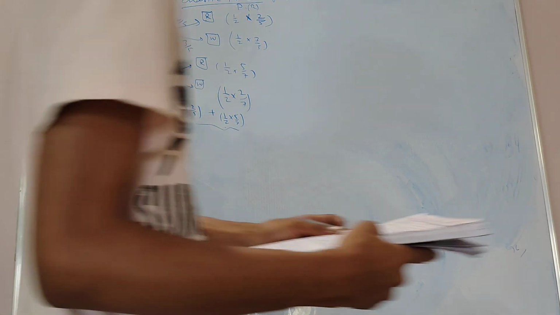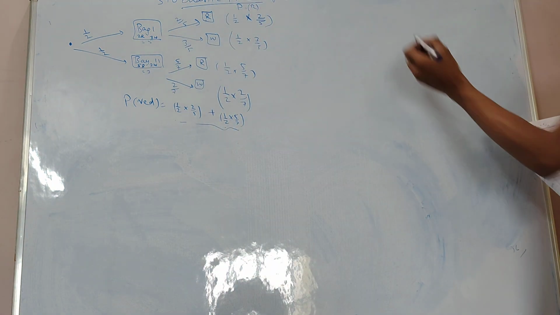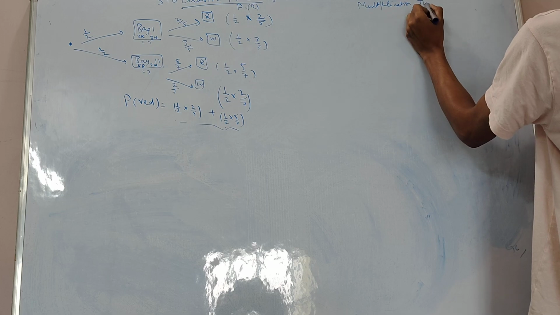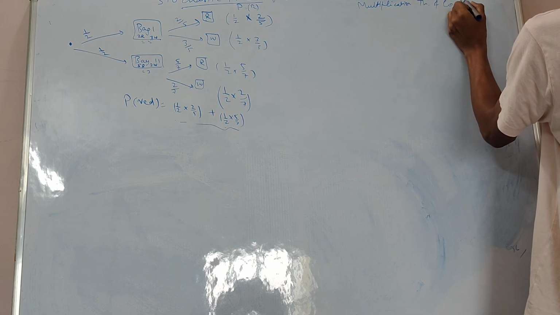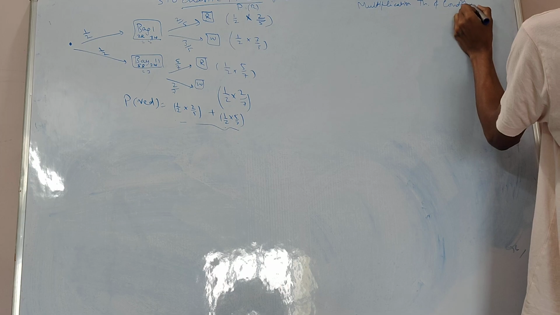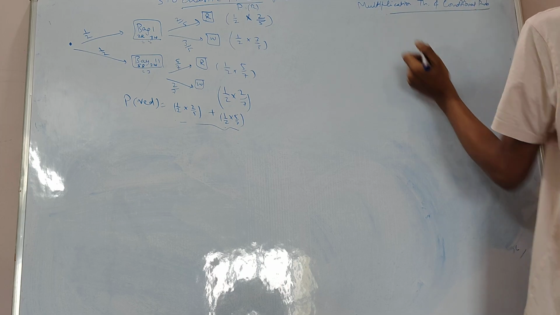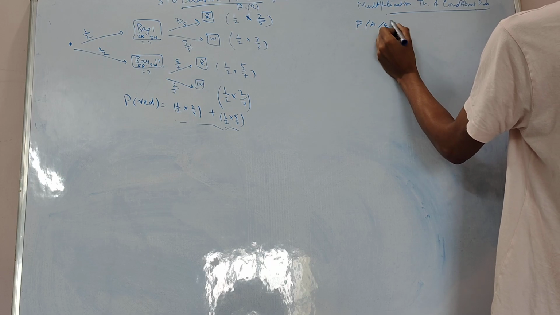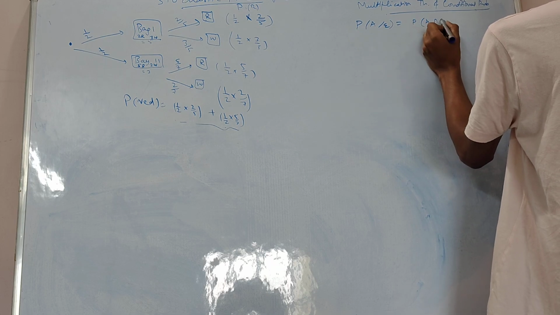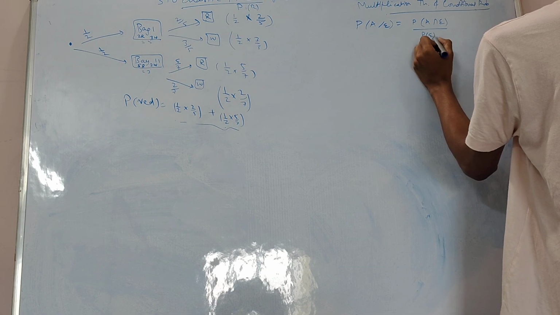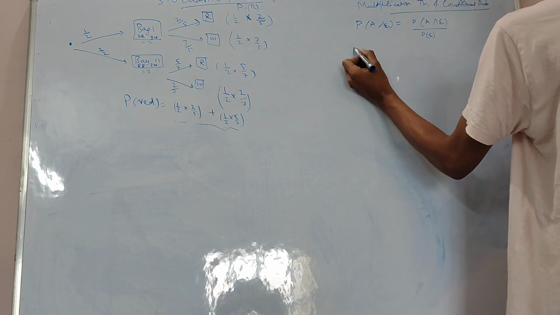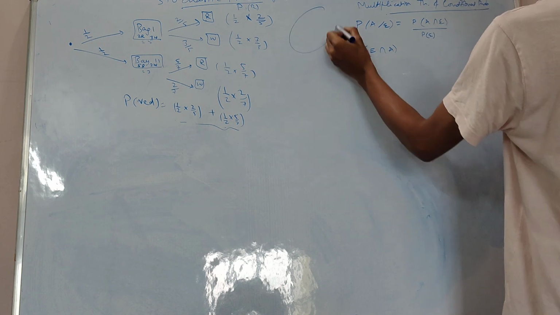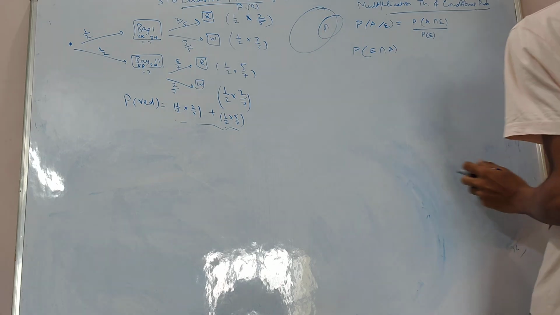Now, we will discuss the multiplication theorem of conditional probability. That is, the probability of event A given E will be the probability of A intersection E by the probability of E. Now this I can write as the probability of event E intersection A. Suppose there is a big event E and A has happened, right?